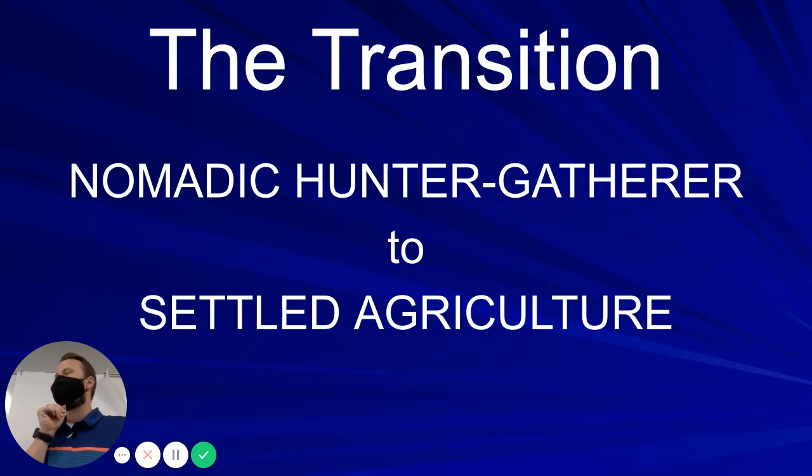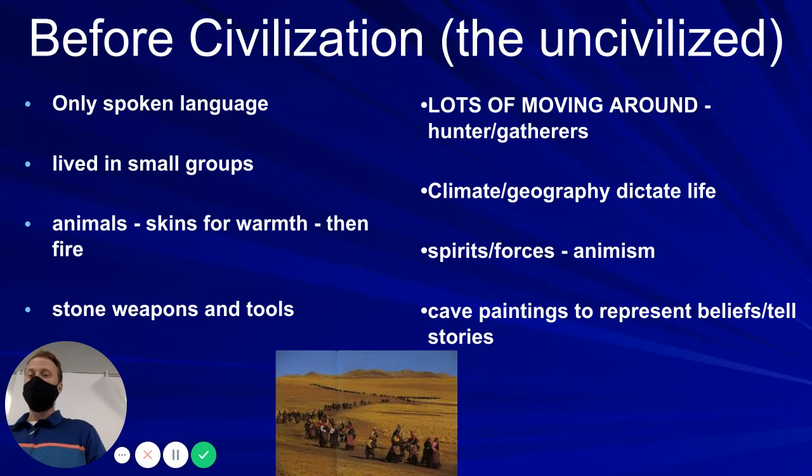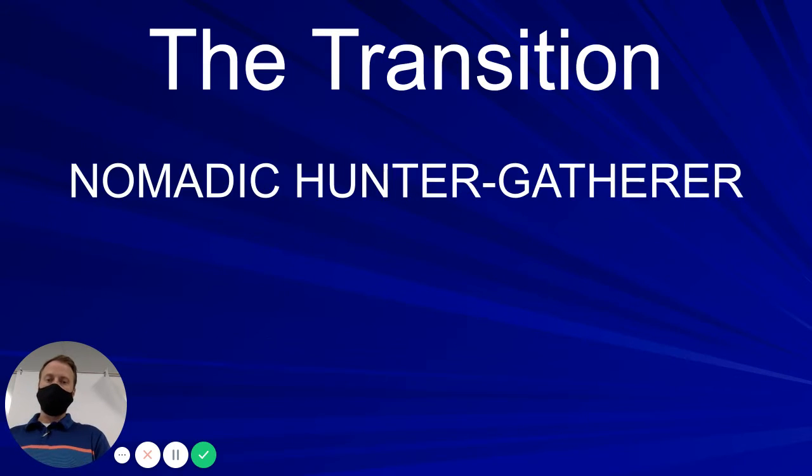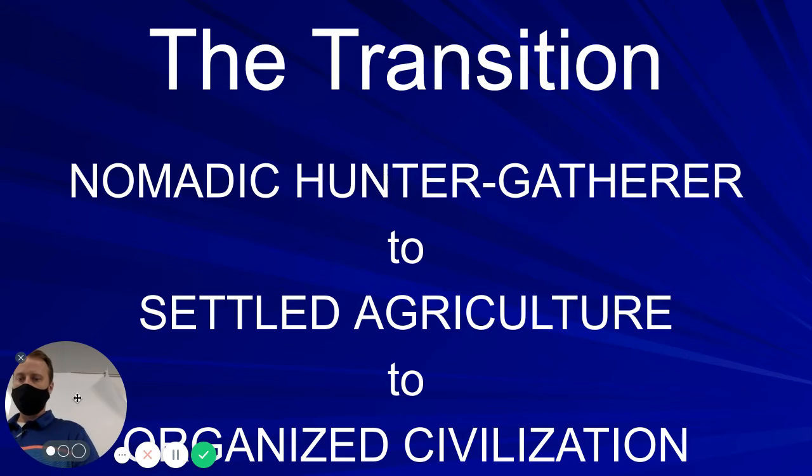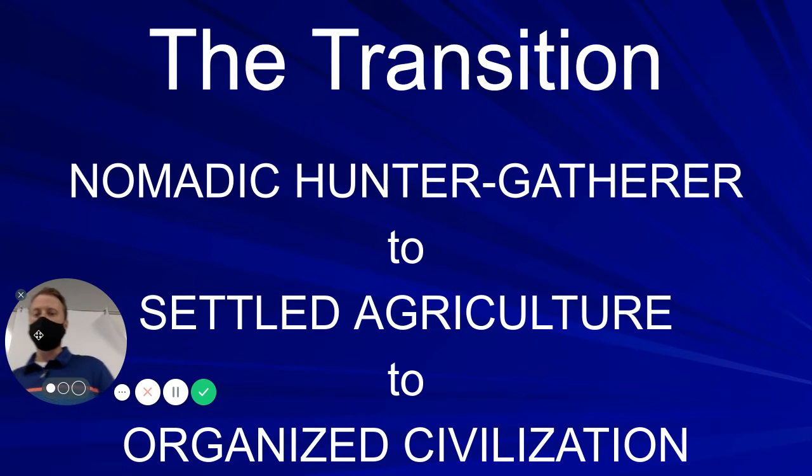This settled agriculture is going to allow them to develop larger groups and a written language. Climate and geography are not going to play such a big role, and they'll be able to further explore these other regions. And that settled agriculture is going to lead to an organized civilization.